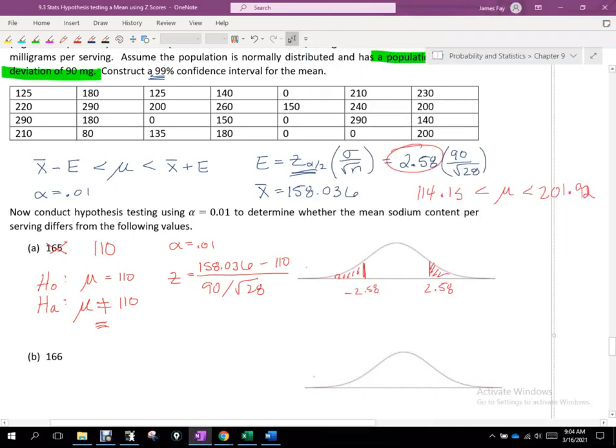So a Z of 2.82. And that Z of 2.82 is going to fall to the right of 2.58, correct? So what do we do in this situation? What do we do to this null hypothesis? If that 2.82 lands there, we reject it.